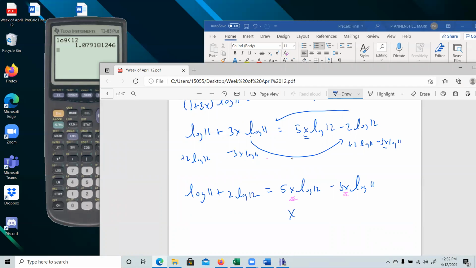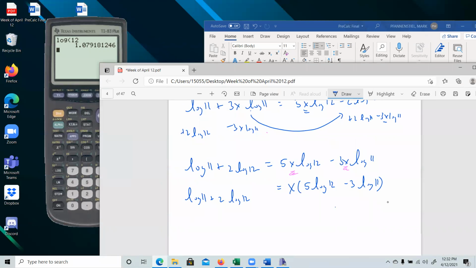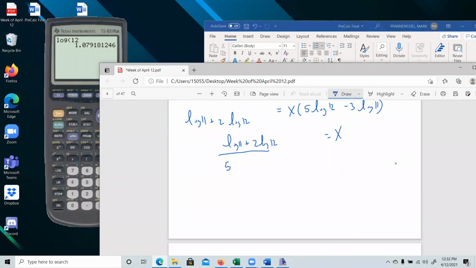So here we have x times (5 log 12 minus 3 log 11), equal to log 11 plus 2 log 12. And then the last thing, divide. So x is equal to (log 11 plus 2 log 12) divided by (5 log 12 minus 3 log 11). Okay, and you're set. That's it. It's the end of the line.